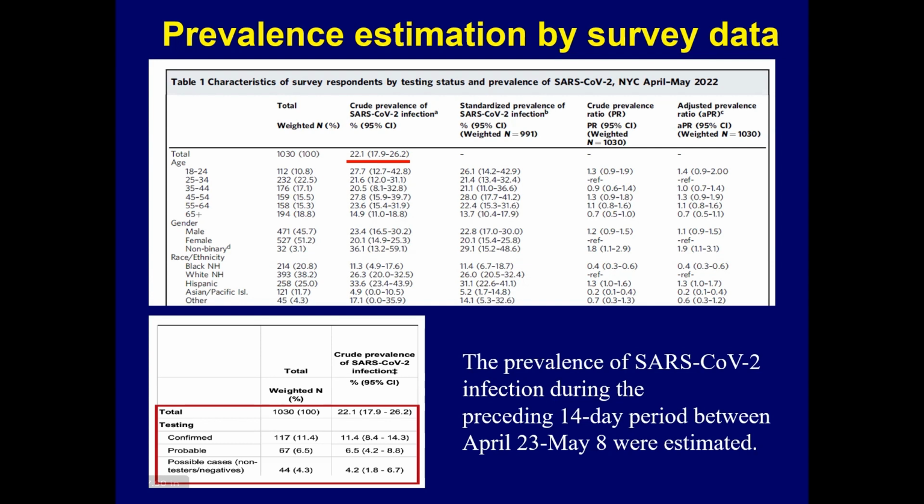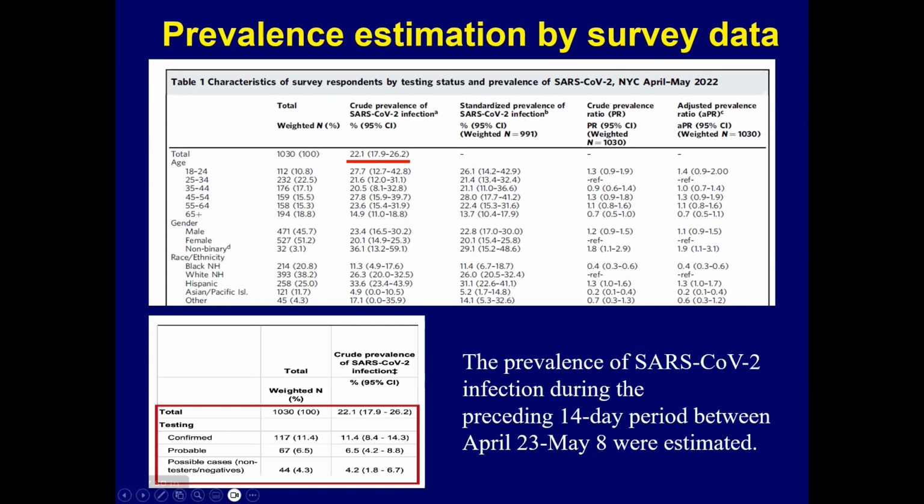However, even though the estimate is 1.5 million adults, the official NYC case reporting system has only 51K cases, which means the survey estimate is actually 29-fold higher than the case reporting count.